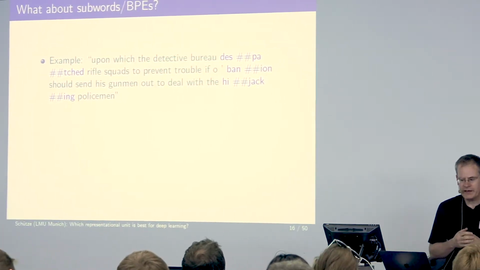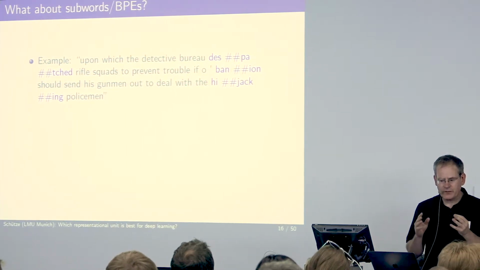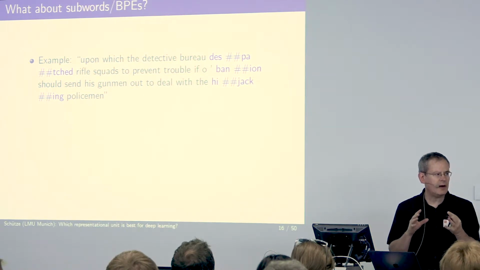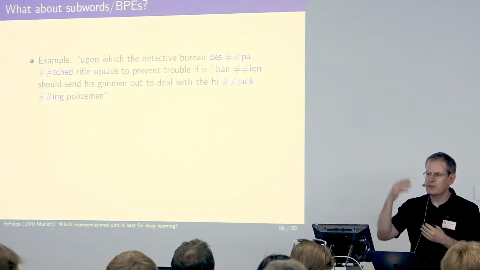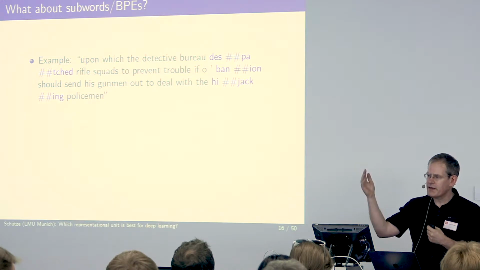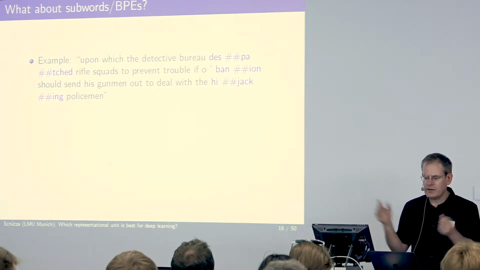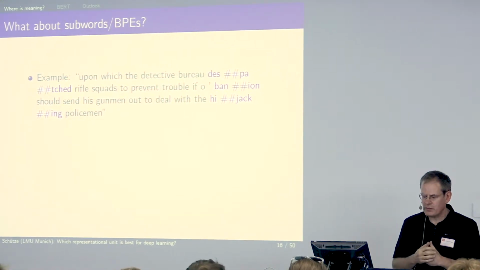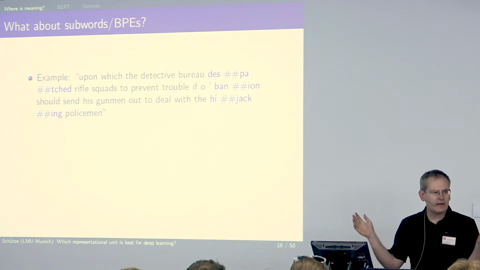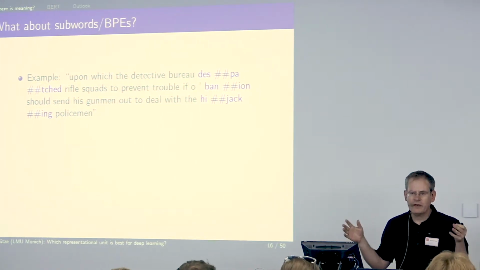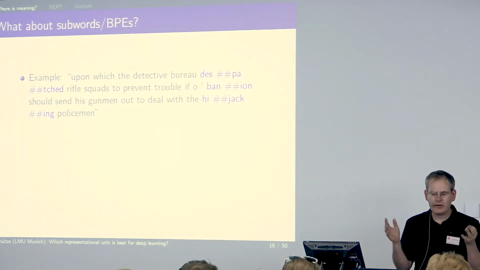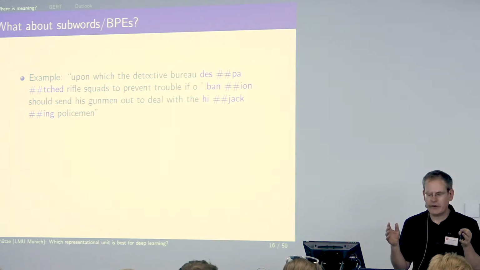Now, why do we do that in deep learning? We do that because for many scenarios, we need a relatively small vocabulary, especially for language modeling. In language modeling, we predict a word in context or the next word, and so we have a softmax over all possible alternatives, all units that we have in the vocabulary. If that softmax gets too big, then it becomes inefficient and difficult to learn. So what we'd rather do is somehow limit the vocabulary to, let's say, a good number is tens of thousands, let's say 20,000.